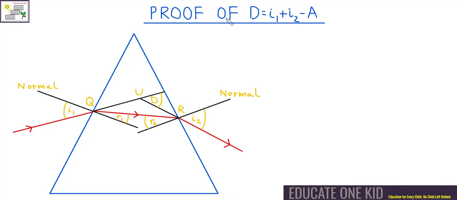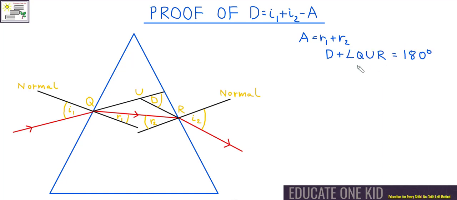So the proof we want to discuss is how to prove that D, the angle D, is equal to I1 plus I2 minus A. To start off, A is just R1 plus R2. This is something you're given.